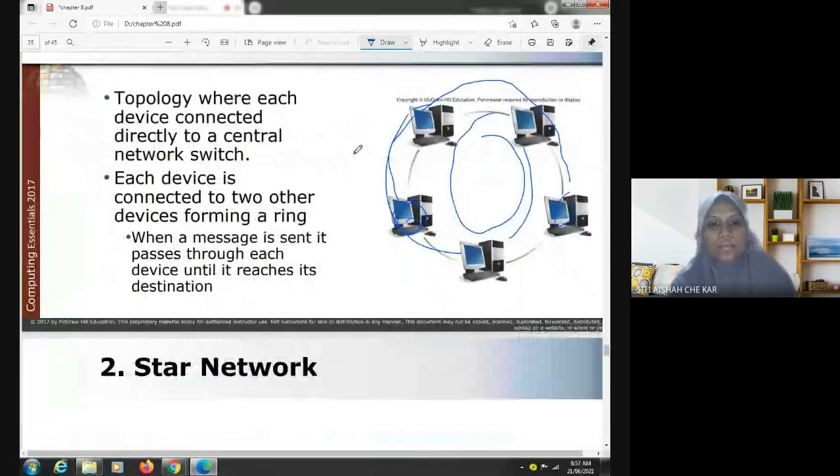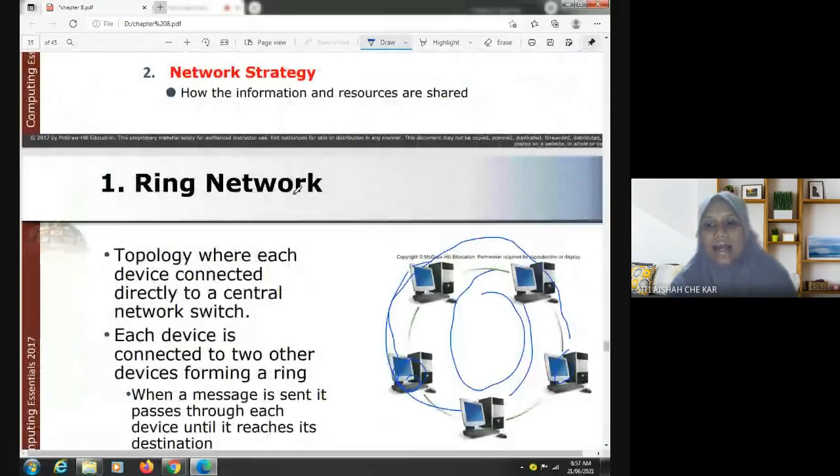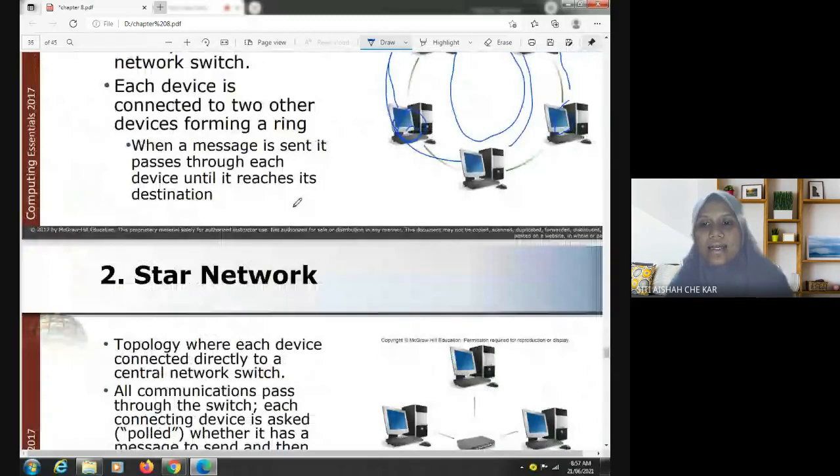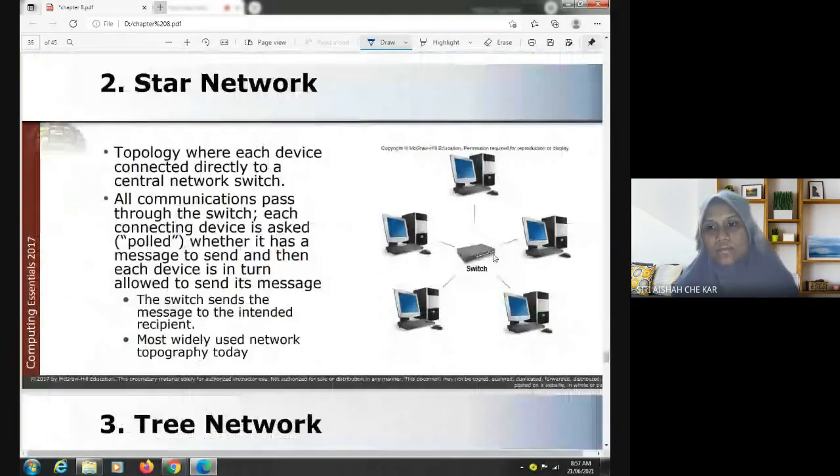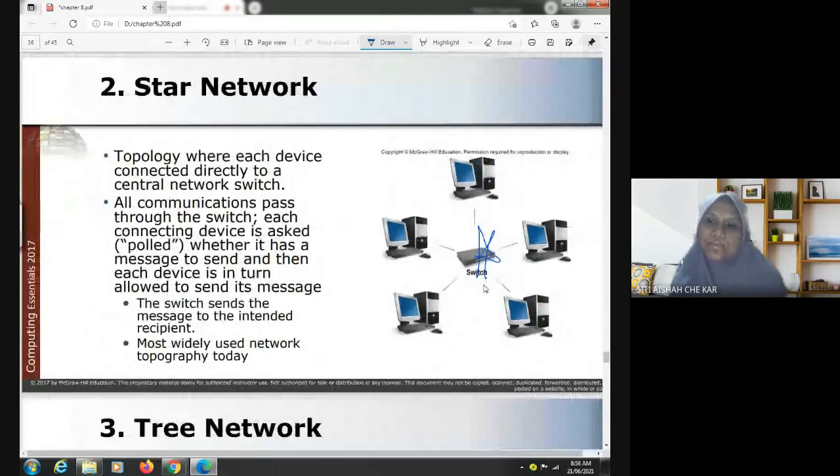Okay, and then we have a star network. It is shaped like a star, right? Okay, so this star network offers more efficiency compared to the ring, because each device has a priority to connect to the switch.